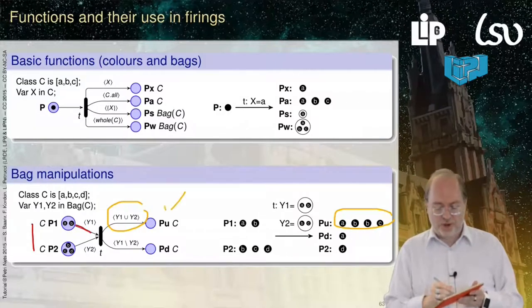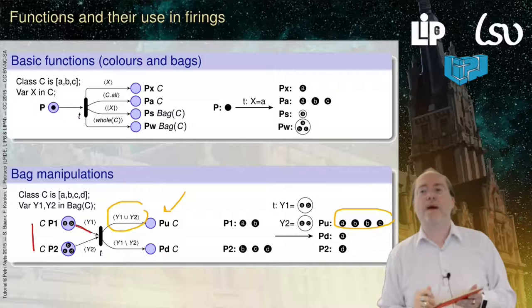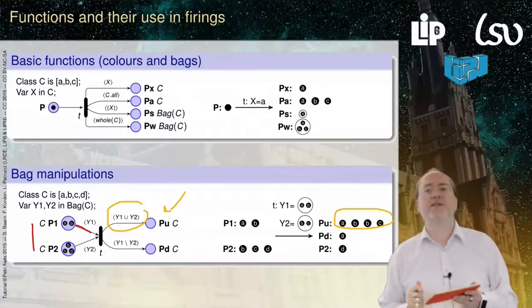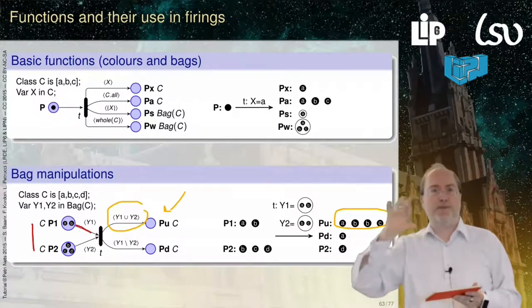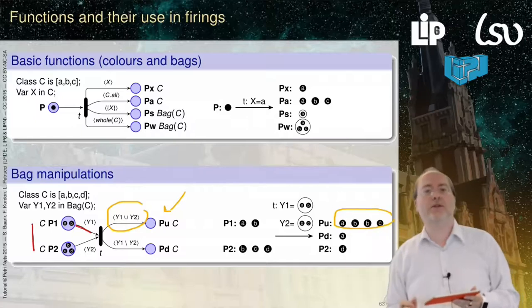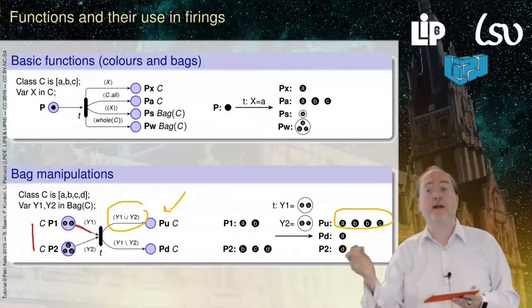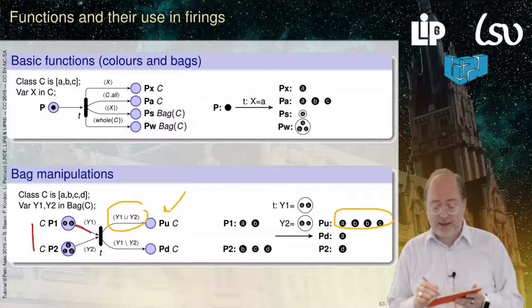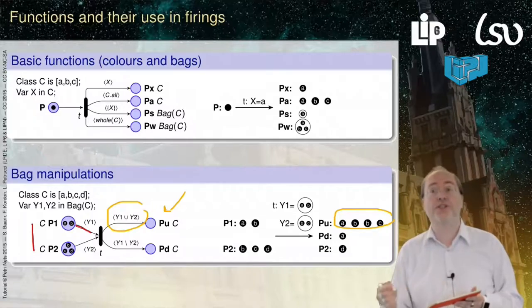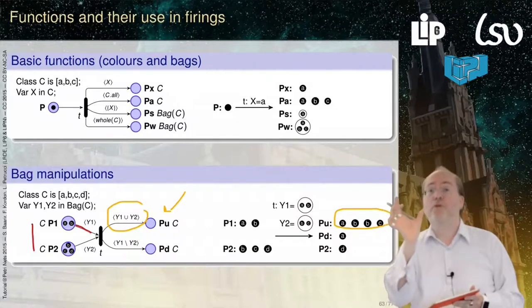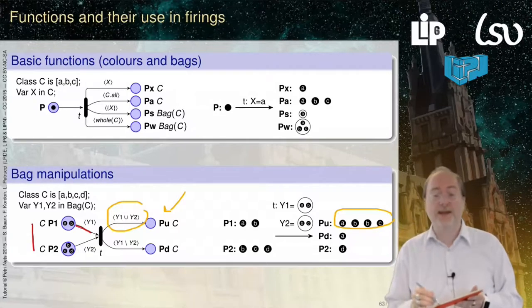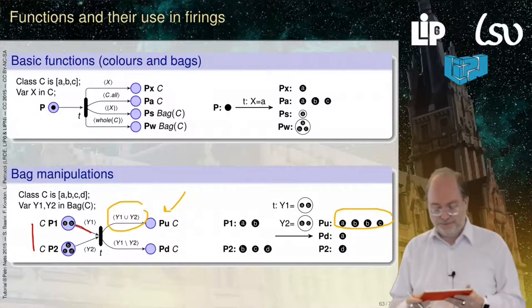But since the color domain is not a bag of C but C itself, it's split again into separated tokens. So the cardinality of the bag I built for transition T on this arc is 4 tokens, and then I get 4 tokens in PU.